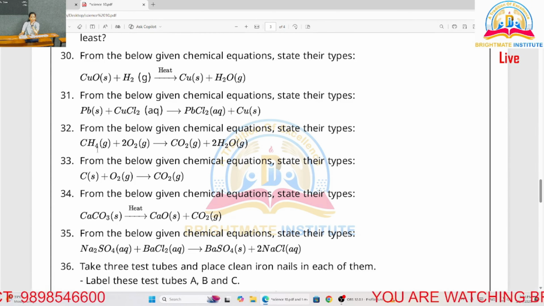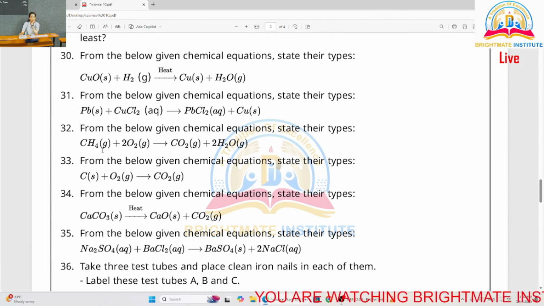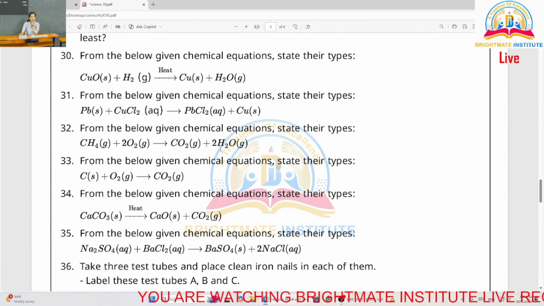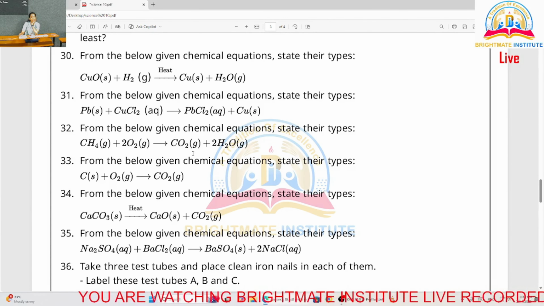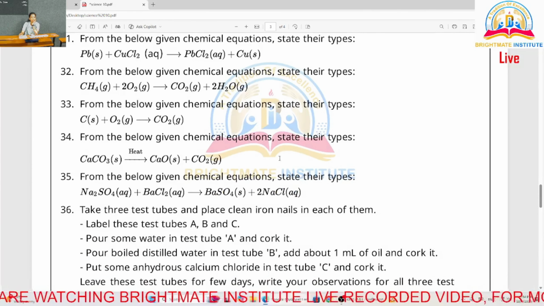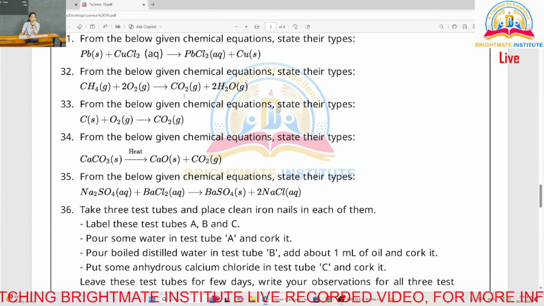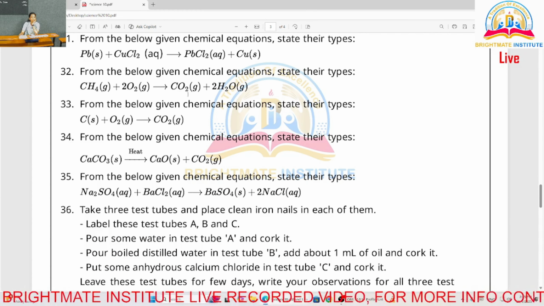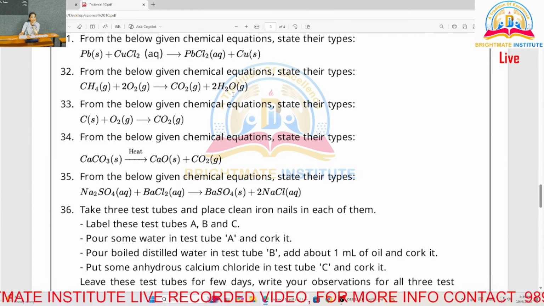And here H4, that is 2H2O, O is attached to 2H2. So addition of oxygen takes place, and so this reaction is known as oxidation reaction. Oxygen is being added to both C and H, so it is known as oxidation reaction.